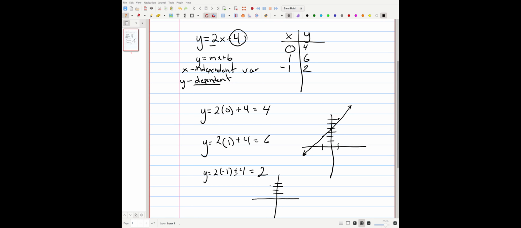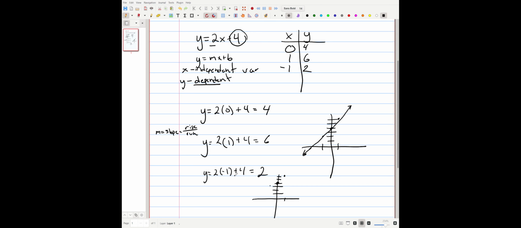So you go 1, 2, 3, 4. And then via the slope, and remember slope, we call it m, but it's slope. And what does slope mean? Well, it's rise over run. And so the rise is 2, and so that means go up 2 and then run to the right 1.